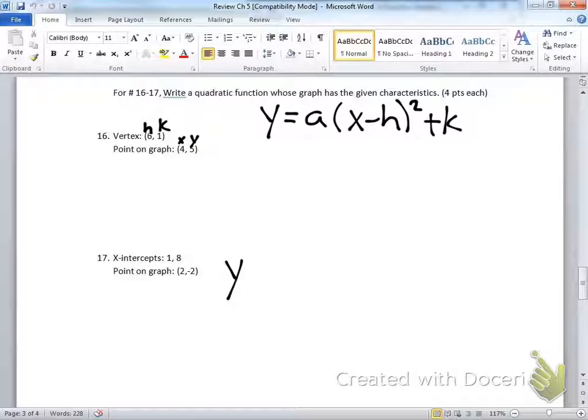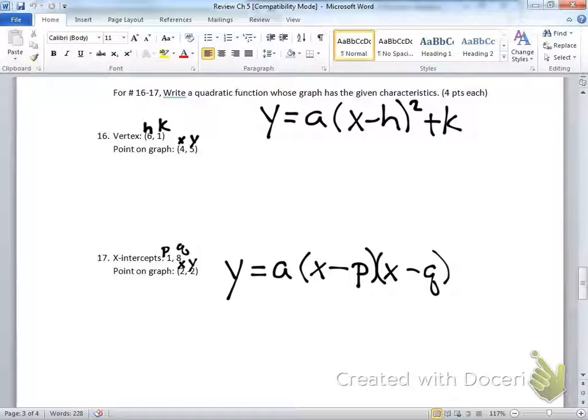Same thing on 17. But since they gave us the intercepts, I'll use intercepts form. P, Q, X, Y, find the A. Boom. All right.